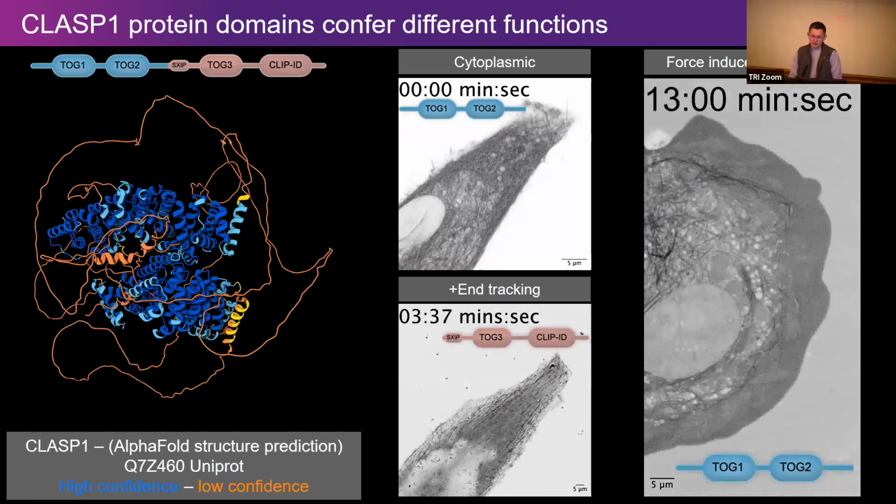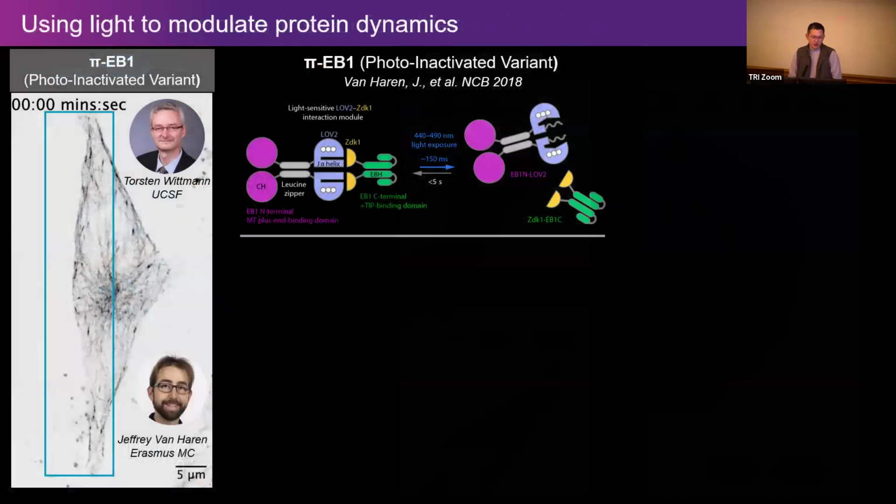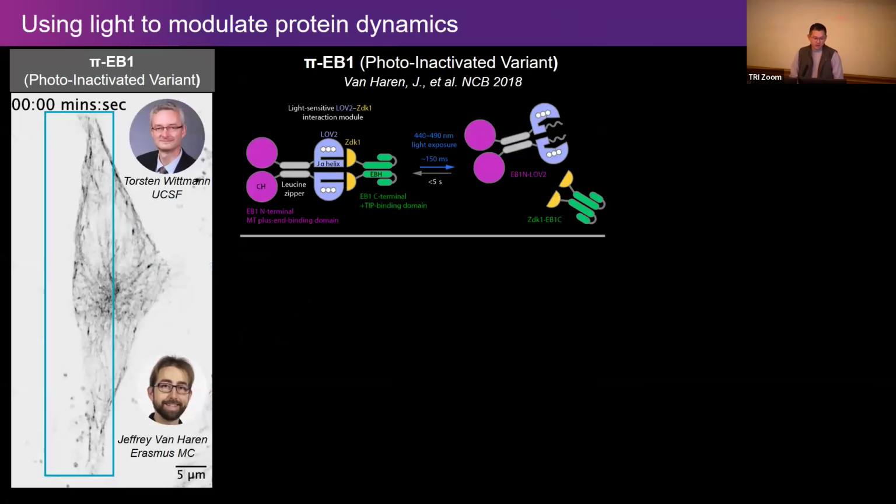So armed with this knowledge, what we've done is we've utilized an optogenetics approach. And just for the lack of time, I'll quickly go through this. We can insert an optogenetic module in between proteins to separate them. And you can do this within almost any protein. And upon exposure to blue light, you basically dissociate 2 halves of the protein.